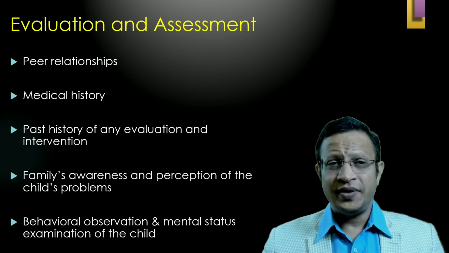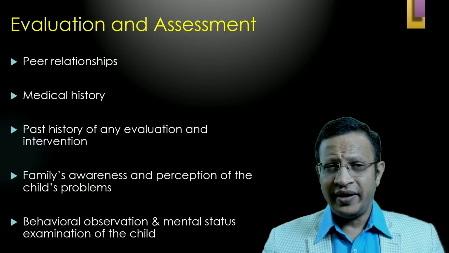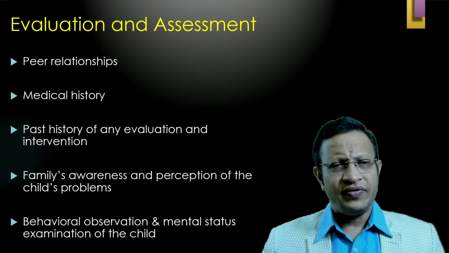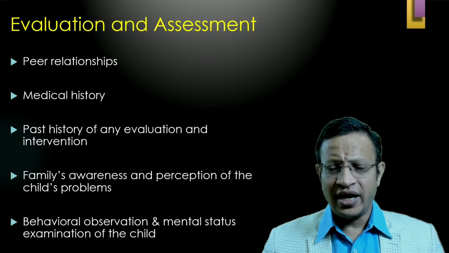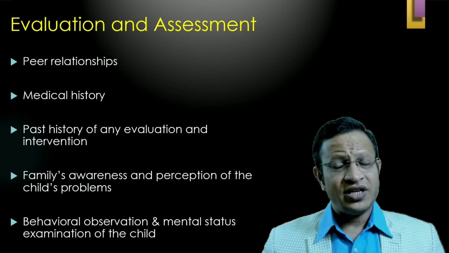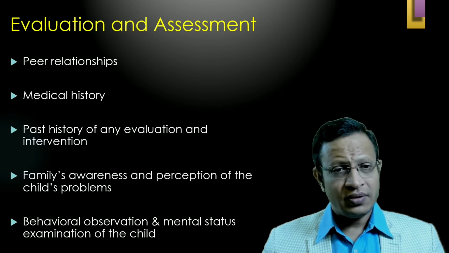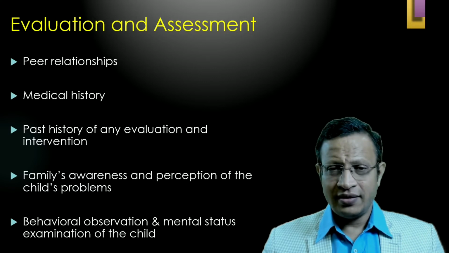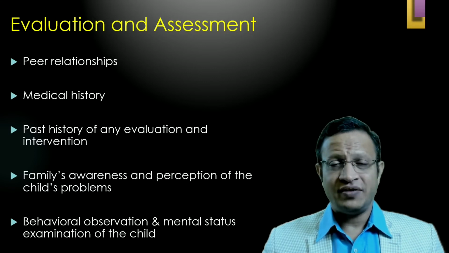Check for the child's peer relationship, any chronic medical condition, past history of any evaluation and intervention on the child, family awareness and perception of the child's problem, behavioral observation of the child, mental status examination of the child is essential.